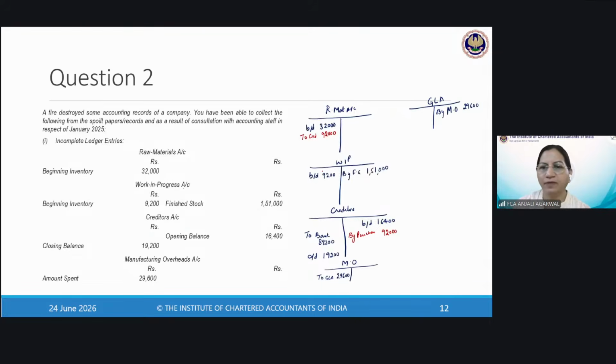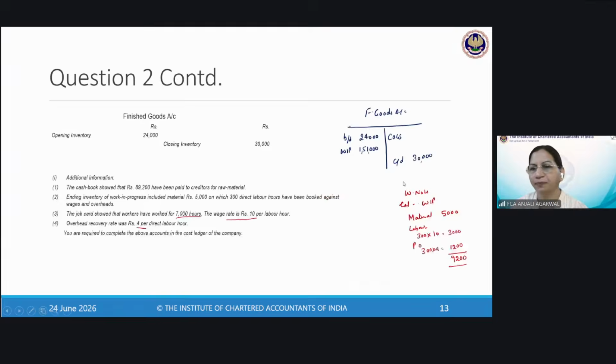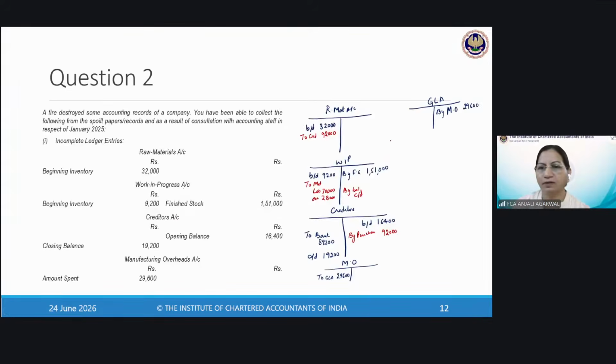So WIP will be debited with material, labor, overheads. So it will be debited by 7000 into 10, 70,000. It will be debited with 7,000 into 4, 28,000. And it will be credited with the balance stock of WIP, which is 9200.